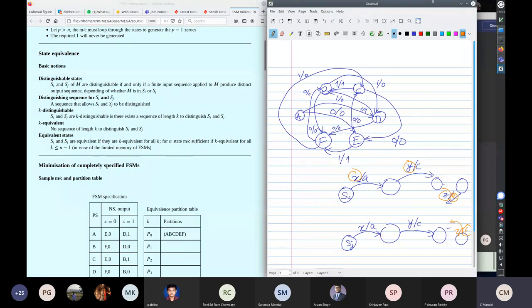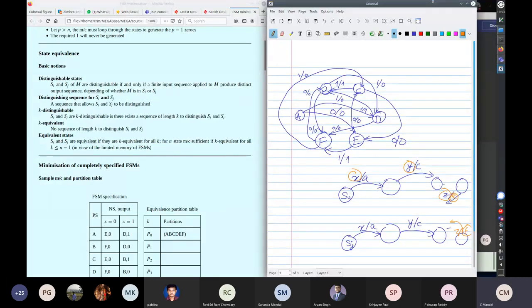If you cannot find any such finite sequence which will produce different output sequences, then you have to conclude that those two states are indistinguishable. Those two states need not be identical, but they could be indistinguishable. Okay, so that is the point to note.